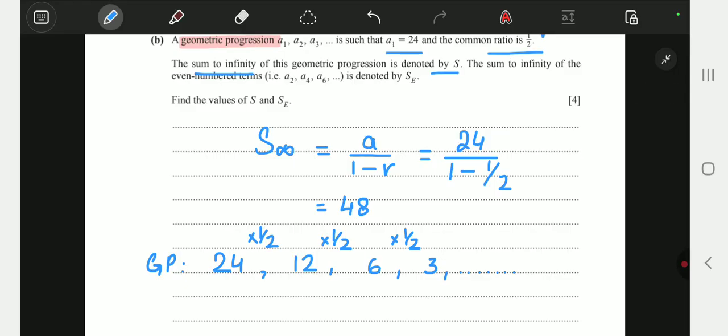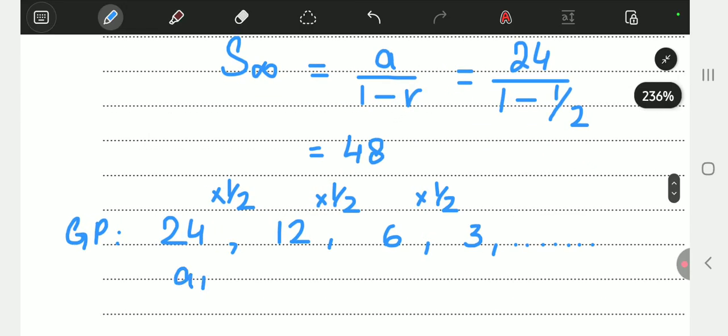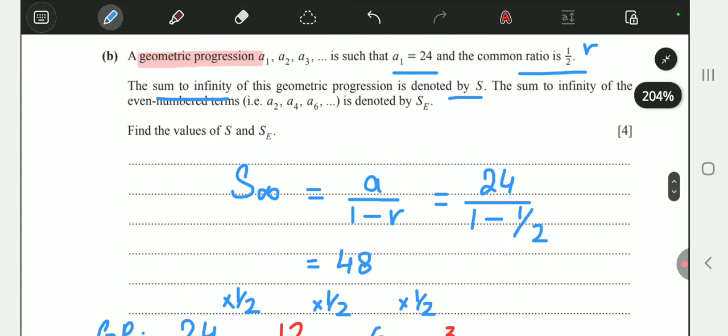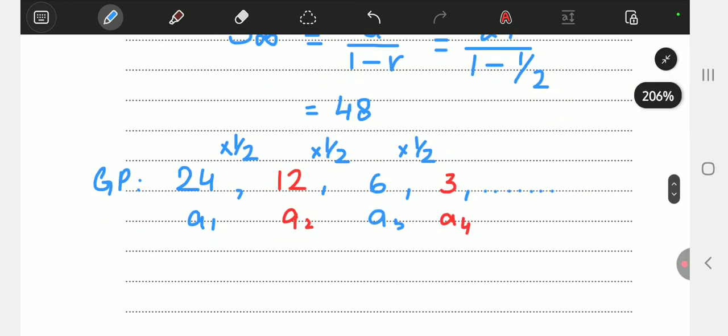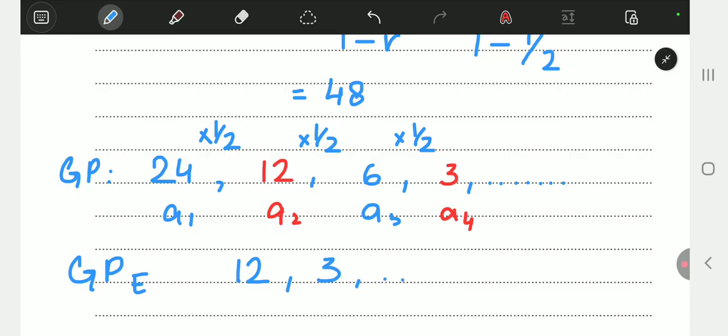Secondly, now they are talking about the even number terms. This one was a1, this one was a2, this is a3, and this is a4. Now they say that even number terms make another geometric progression and find the sum to infinity for that progression. So now what will be your geometric progression for even number terms? It will be 12, 3, and so on.